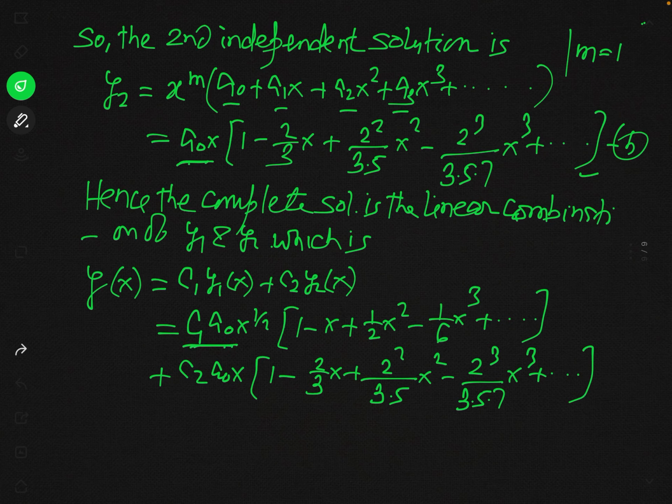And as c1 and a naught both are constants, the product of c1 and a naught will be another constant. Similarly, c2 a naught will be another constant.